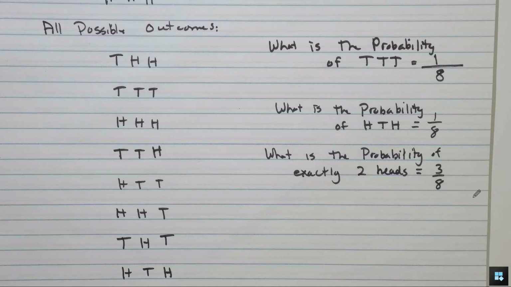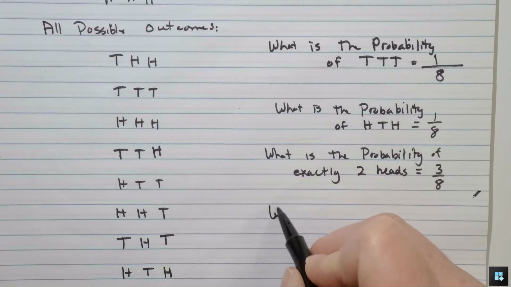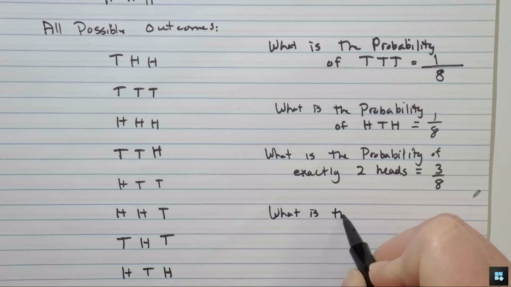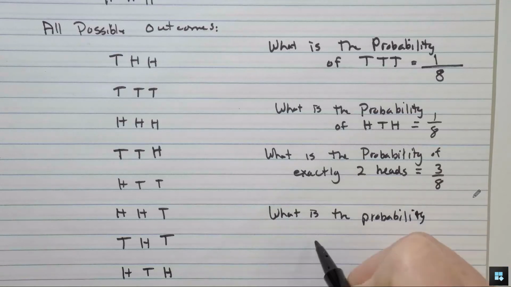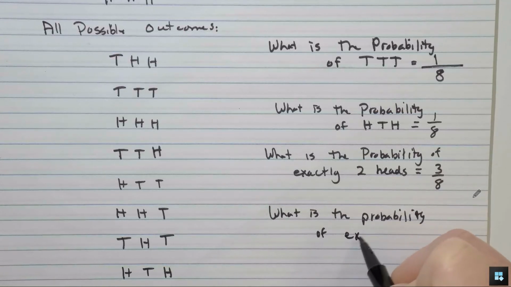Can you go ahead and figure out what the probability is of exactly 1 tail?